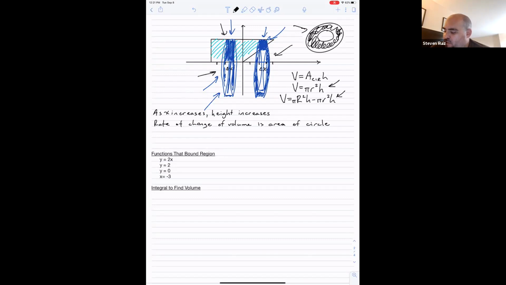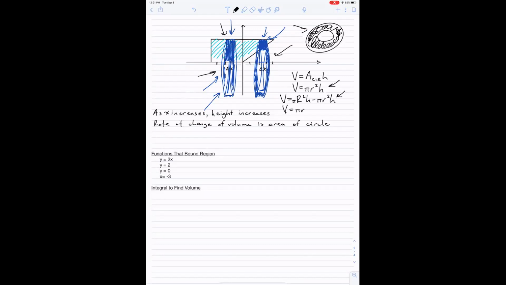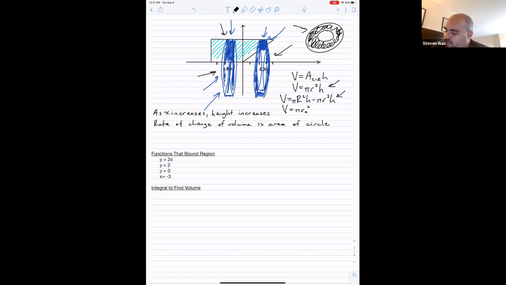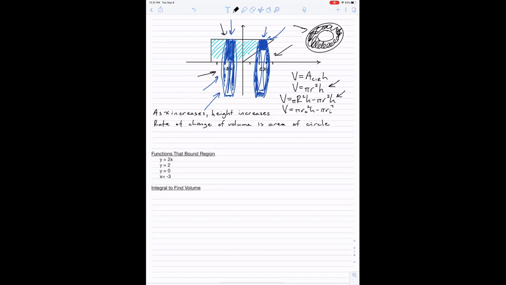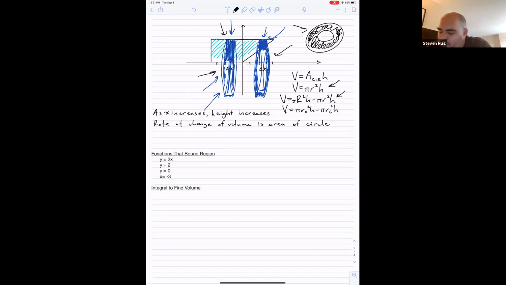Before I go too much further, do we understand the notation of the capital R squared and the lowercase r squared? Something else I've seen people do is pi R-O squared for outer radius. I'm a little confused about that. What is the difference between the upper and lower case? Sure. So basically we use uppercase to show that one is larger than the other.